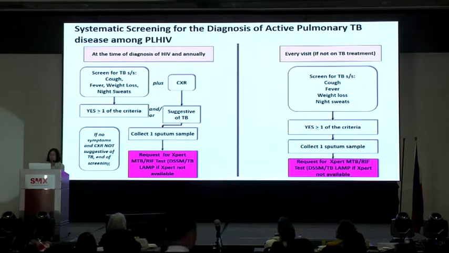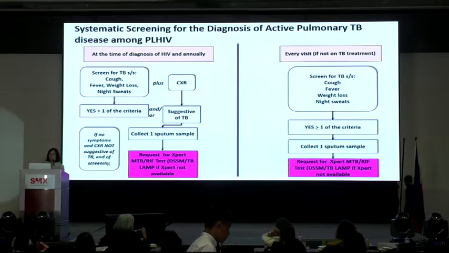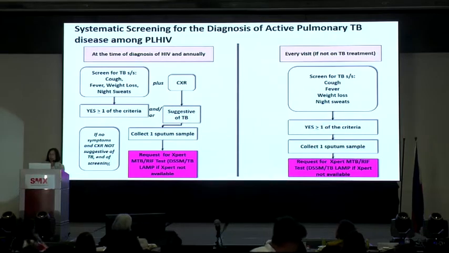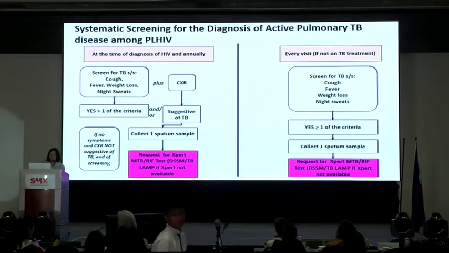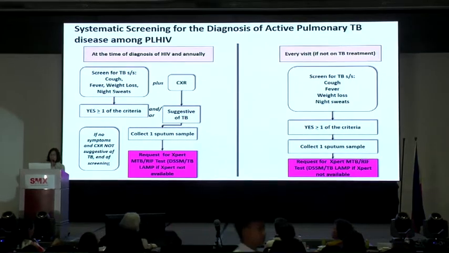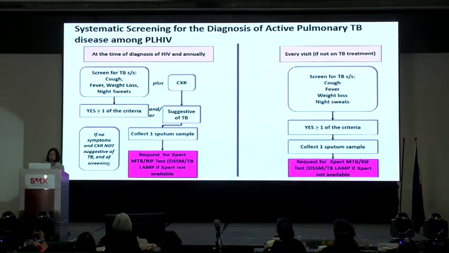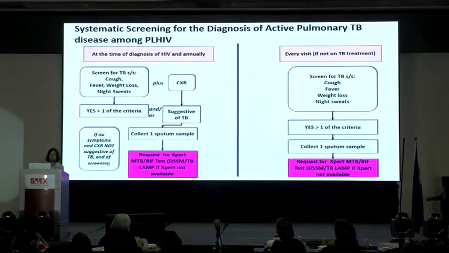For every visit, it's still screening for the symptoms, and then if it is positive, then we will request for expert. In all health facilities, expert is free. And we should also note that expert detects the DNA. So even if it is a dead bacilli, it will still detect the TB bacilli. That's why we are using expert only for diagnosis and not for monitoring of treatment.